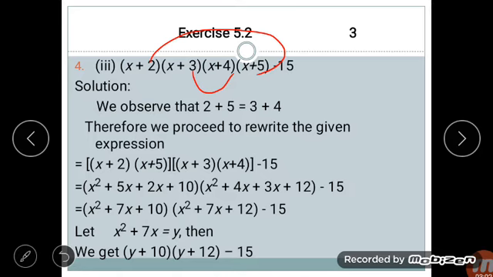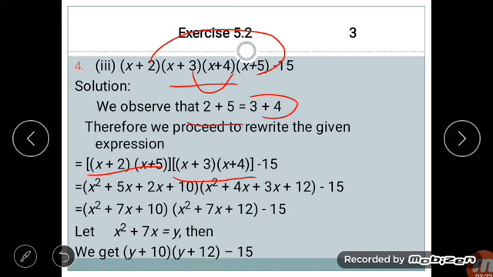Here 2 plus 5 will give you 7 and 3 plus 4 will give you 7. So the pairs should be made like (x plus 2) with (x plus 5), because 5 plus 2 is 7, and 3 plus 4 is 7.